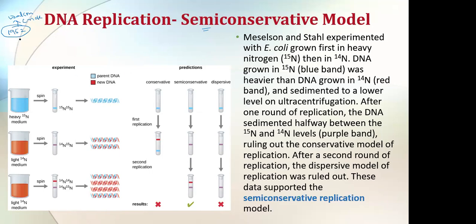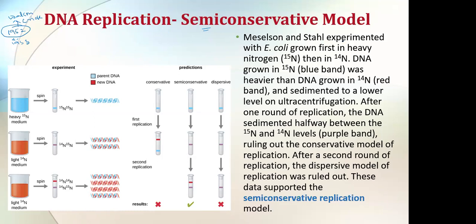You can imagine that in 1953, all the scientists were betting on what type of DNA replication model we actually follow. At that time everybody was busy finding out what type of replication process we do.